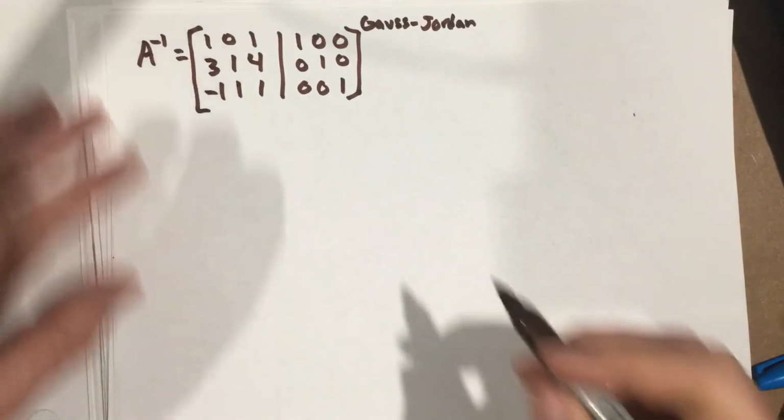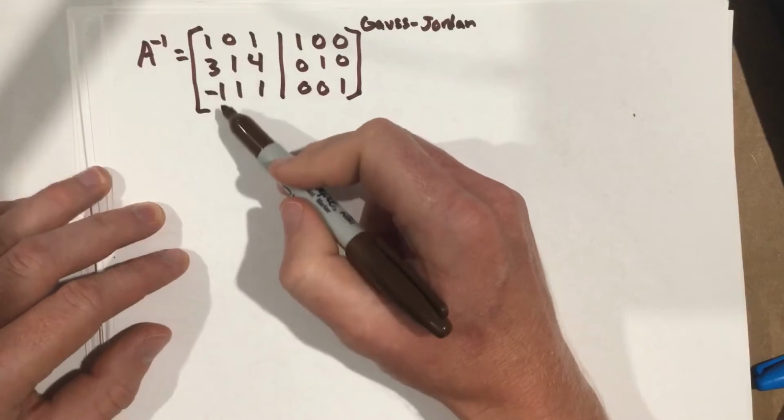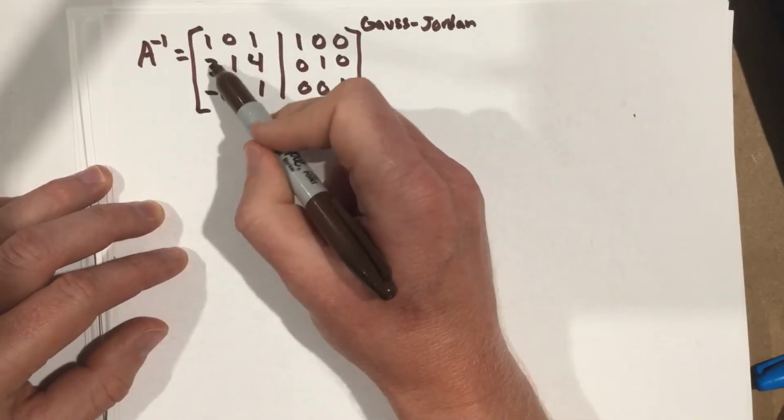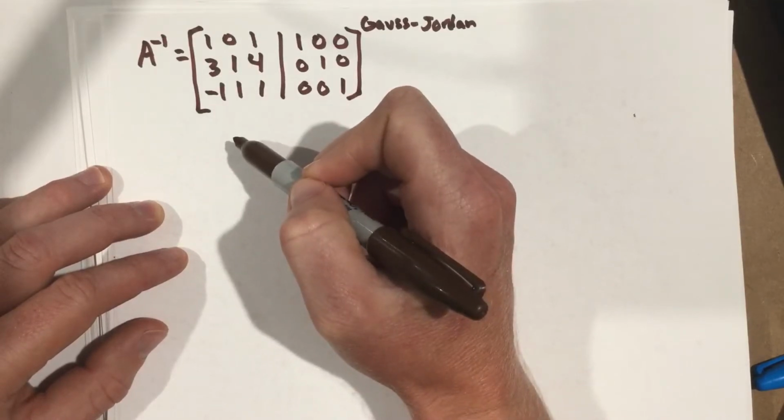Okay, here we go. We need to cancel out this one to be 0, but we also need to cancel this one to be 0 as well.